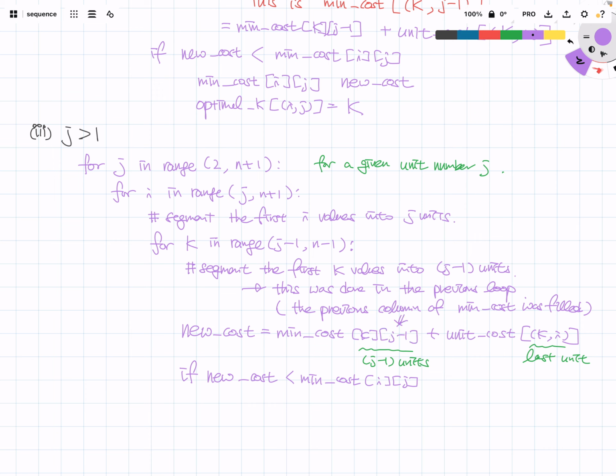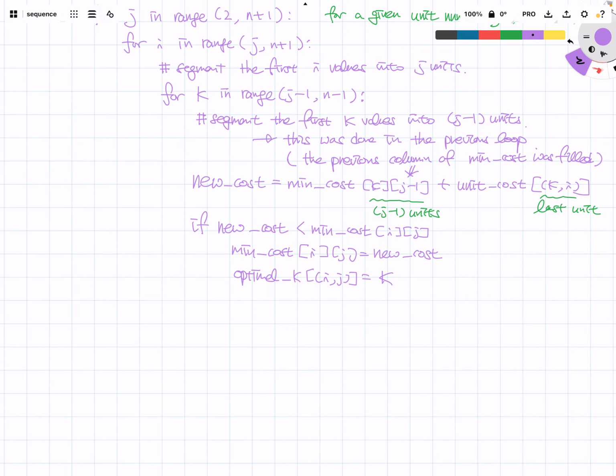This is the previous column. So then minimum cost will be updated, and optimal k will be k. So we filled out all the values.